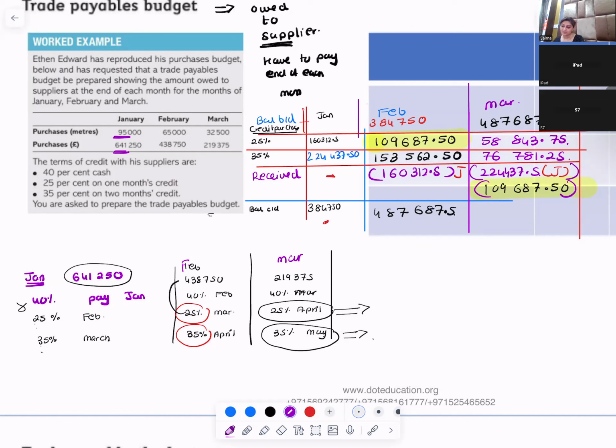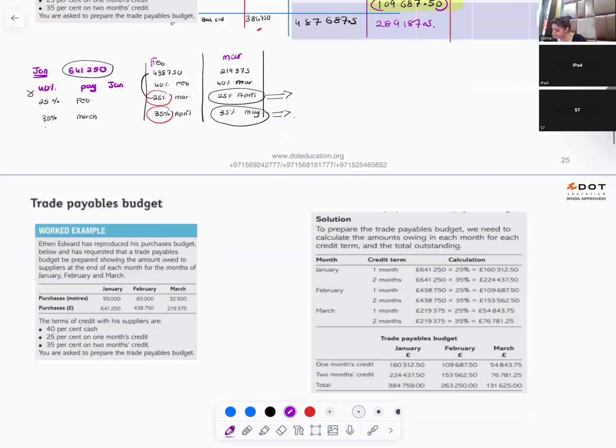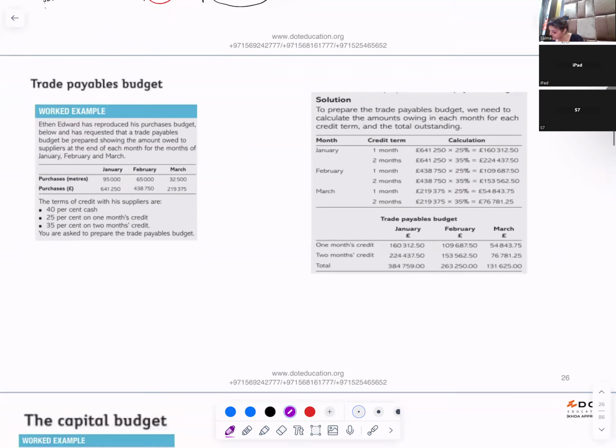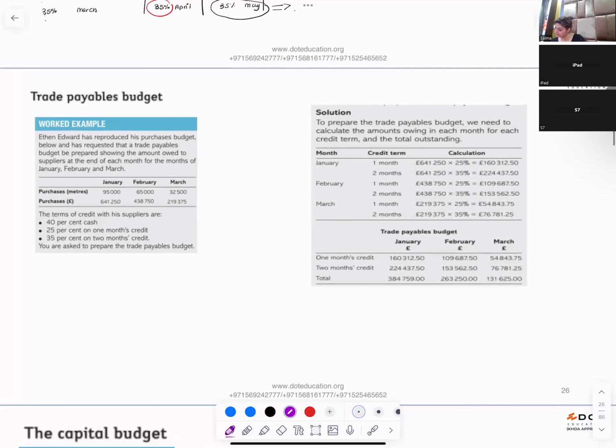So this becomes 289,187.5. So this is the trade payable budget. Are you with me?